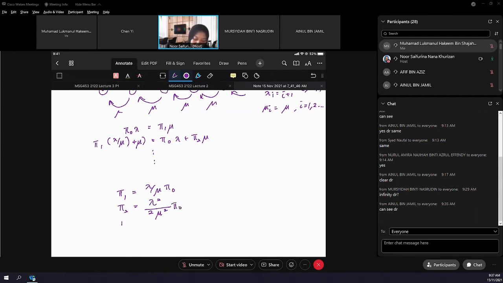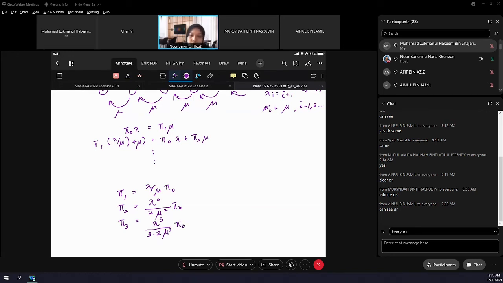And then for your pi 3, you should get lambda to the power of 3 over 3 times 2 mu to the power of 3 pi naught.